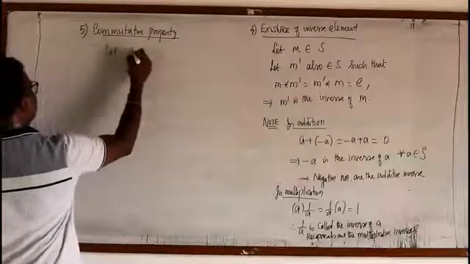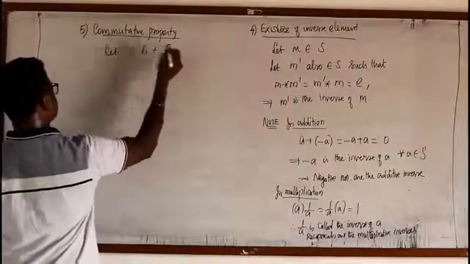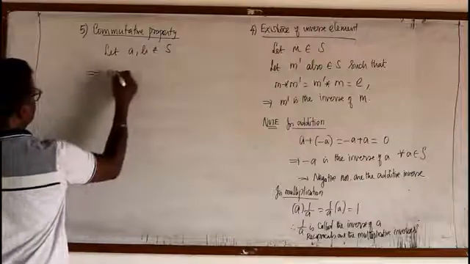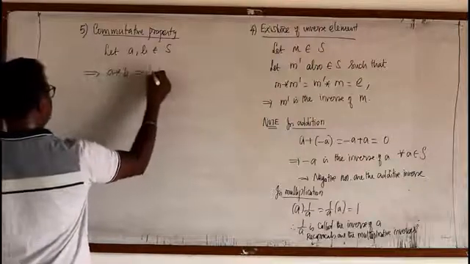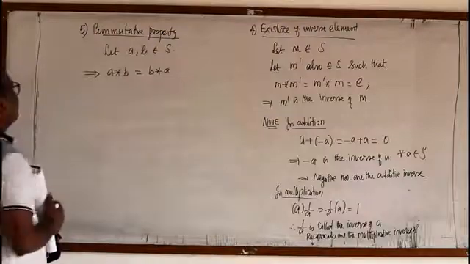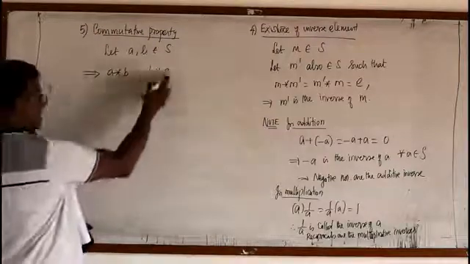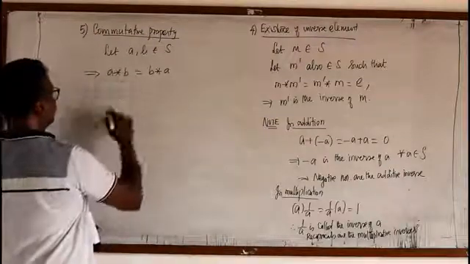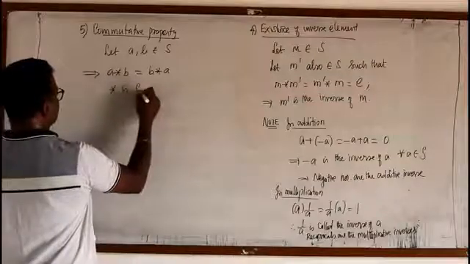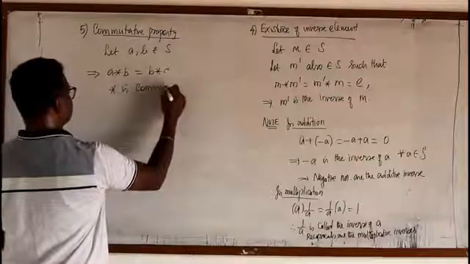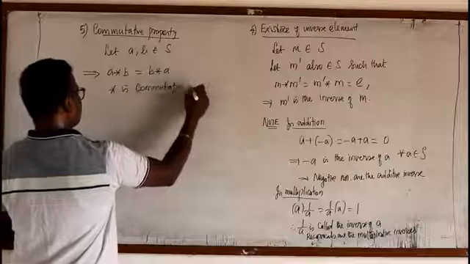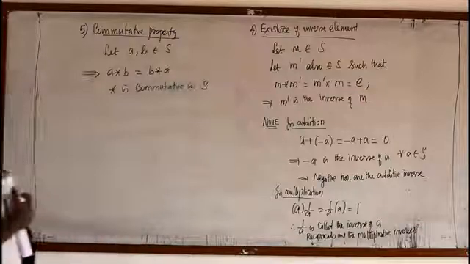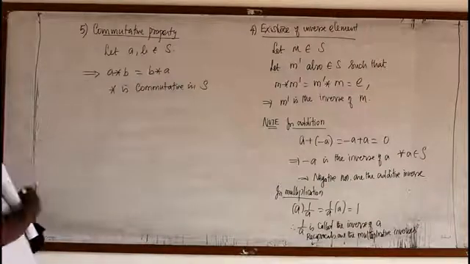Let A, B belong to S. If A star B equals B star A, that is, if I interchange the operation and both are equal, then star is commutative.